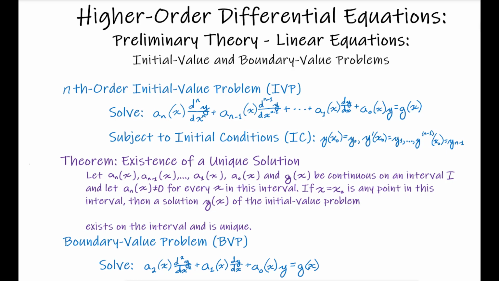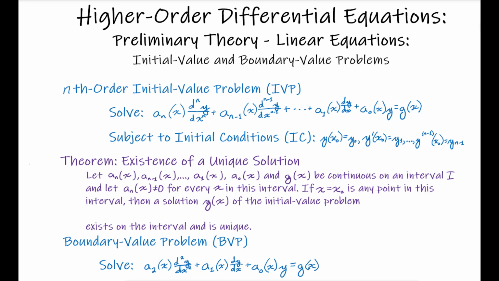Now again, just like in our first order case, these initial value problems may or may not have a solution, and it may or may not be unique. So we have a theorem about the existence of a unique solution to help us determine when there is a unique solution.